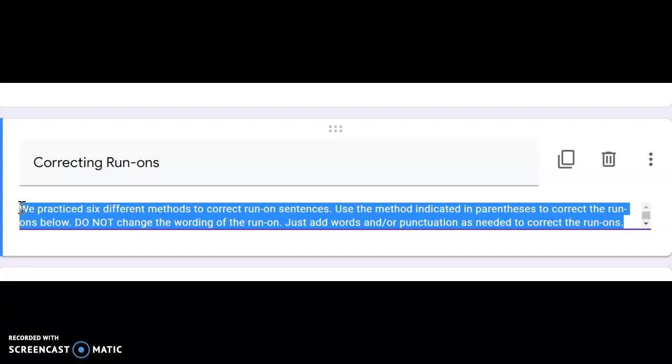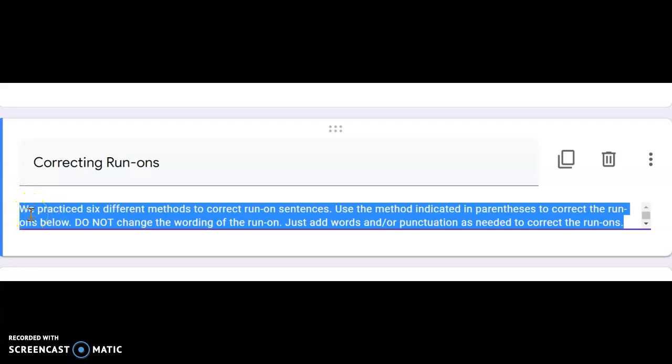So just like with the fragments, you're going to make sure that whatever the run-on is, you keep it as it is. You can add things to it. You can add punctuation or words or whatever you need to do to change it from a run-on to a correct sentence. But if you completely change my sentence so that it's not the same sentence anymore, it's going to be marked wrong.